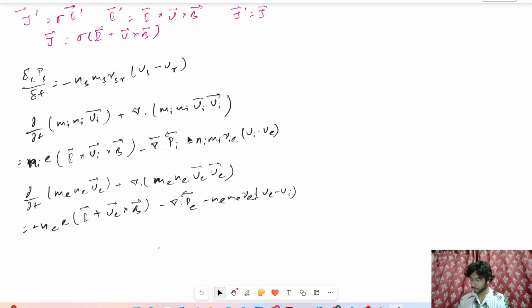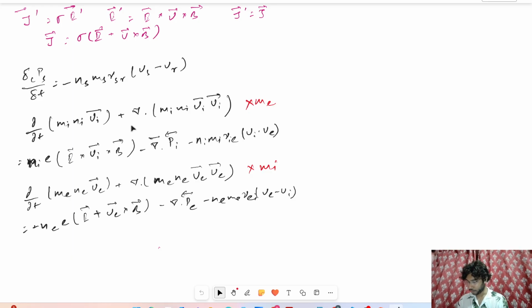Okay, so now what we'll do, this calculation was not done in lectures, so I thought maybe we can do it more explicitly. So we'll just multiply the first equation with Me and the second equation with Mi, and we will just subtract the second equation from the first, right?